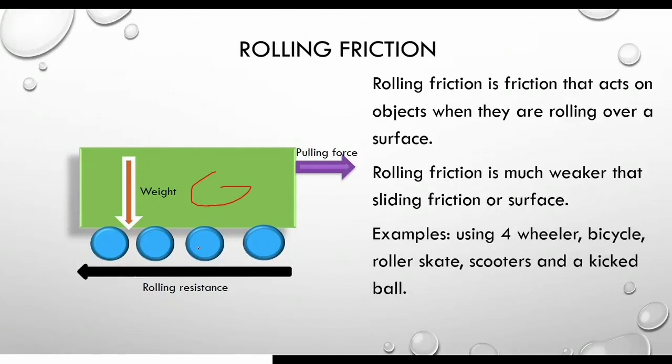Examples: using a four-wheeler, bicycle, roller skates, scooters, and a kicked ball. So when you kick a ball, it is also having rolling friction, and it is common. You have seen it before.